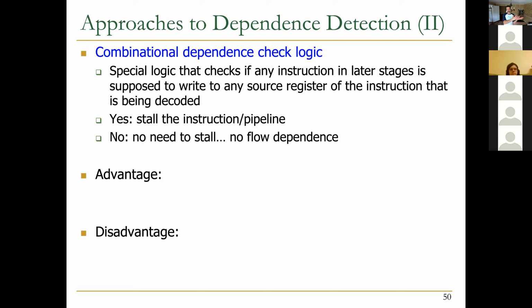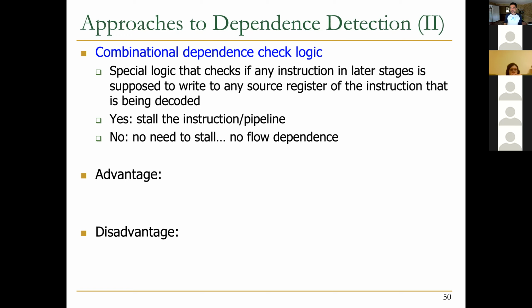For example, the first instruction was adding the values of two registers into another register, and the second instruction was an AND that required the value generated by the first instruction. So in this case, we check if any later instruction, for example, the add, is supposed to write to any source register, like the source register that the second instruction was dependent on.